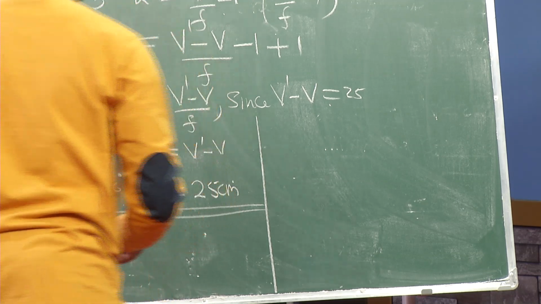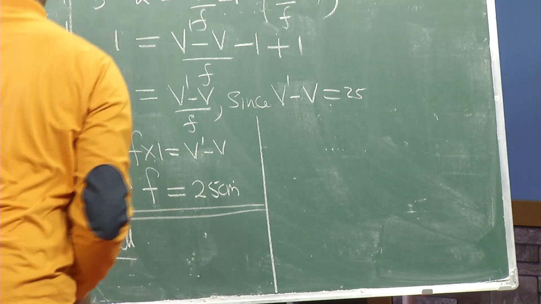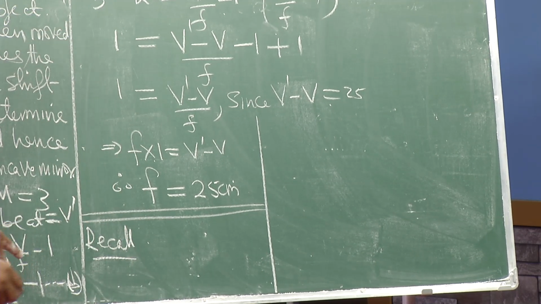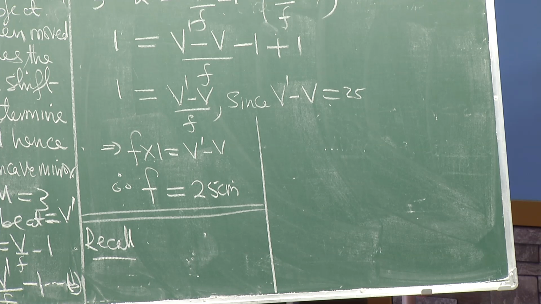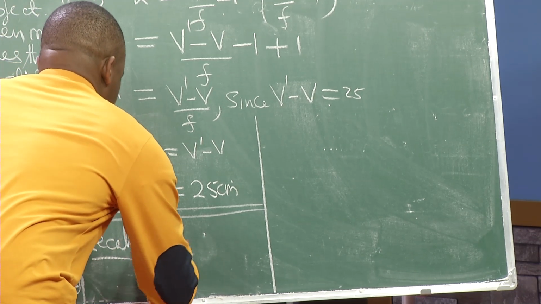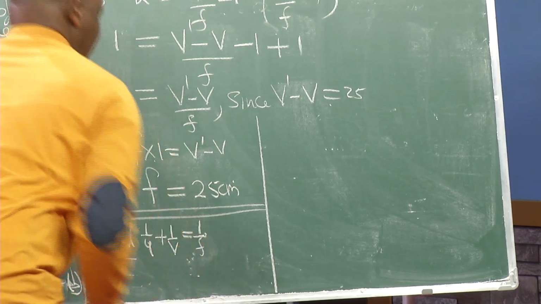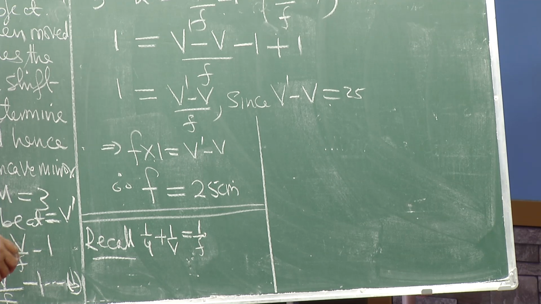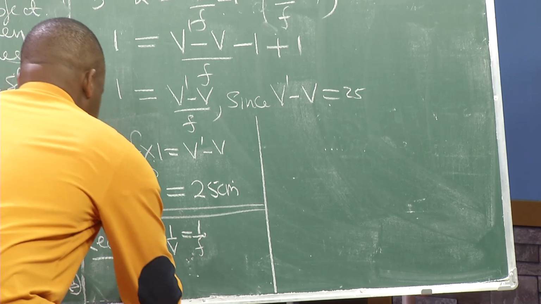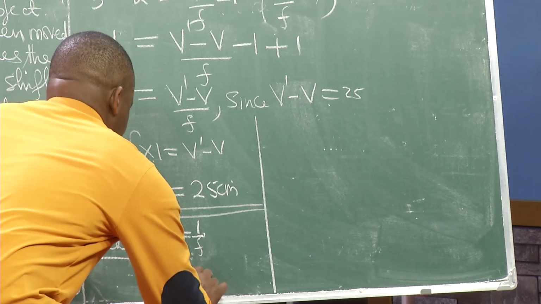I will use a recall here. Whereas magnification has been seen as V over F minus 1, we know that 1 over u plus 1 over v is equal to 1 over f. For those who cannot recall, if we multiply through by u, we will get 1 plus u over v is equal to u over f.